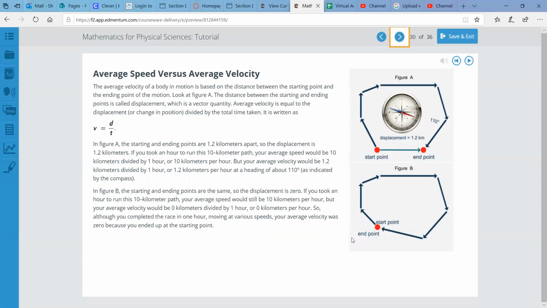However, the average velocity is equal to the displacement, or change in position, divided by the total time taken. So velocity equals displacement divided by time.